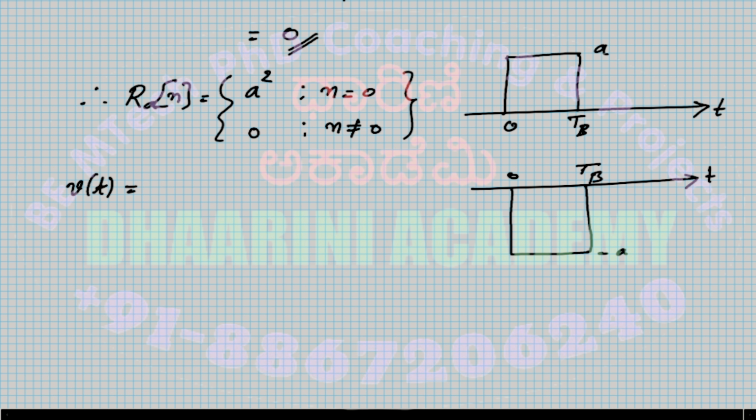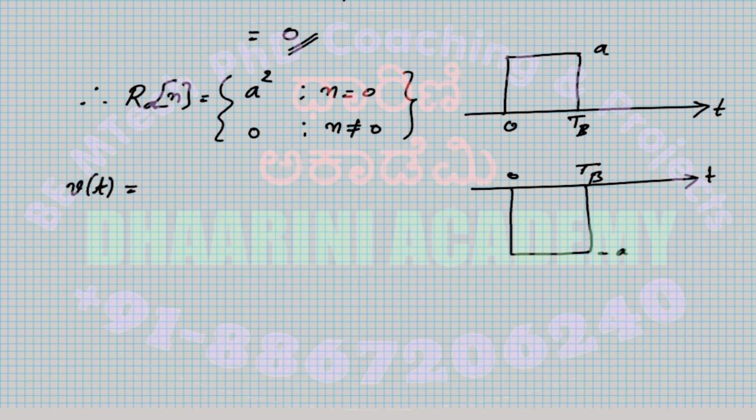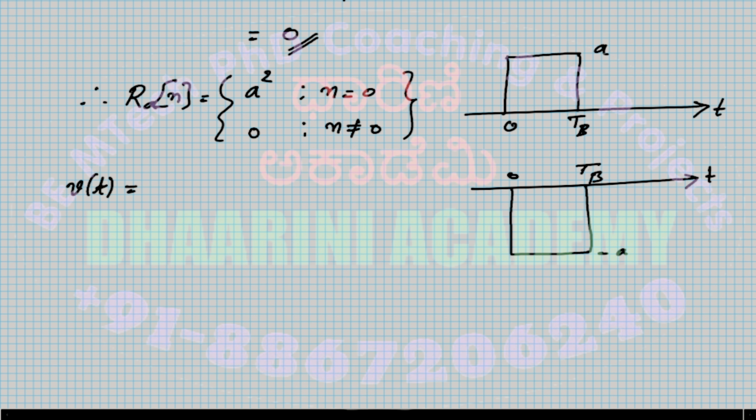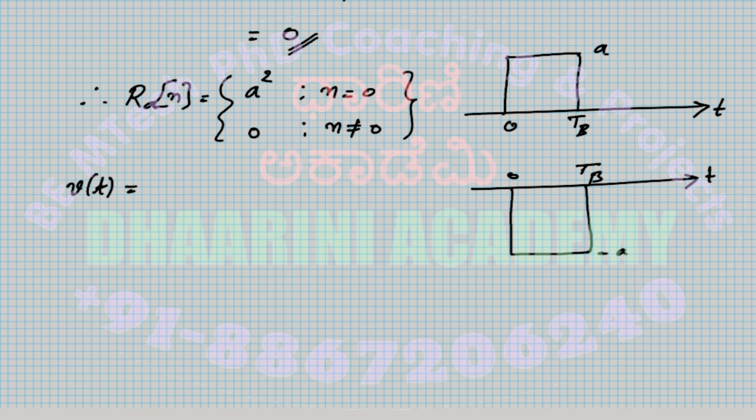Now my question, I have one very simple question. If I had a signal from 0 to tb with plus a as amplitude, if I take its Fourier representation, I get a frequency plot, because the frequency plot talks about what are the frequency contents of that signal. Now, if I have a signal which is minus a from 0 to tb, will the frequency content change?